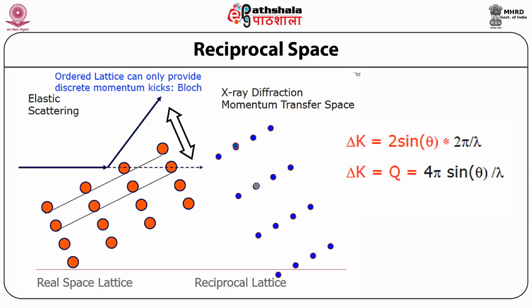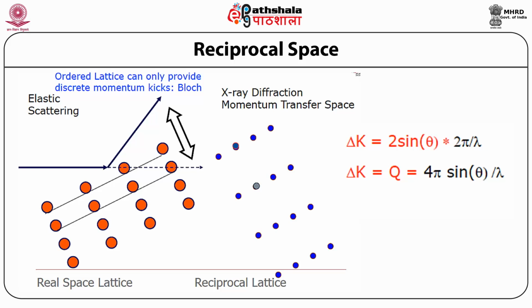Where you have a larger dimension, in reciprocal space that dimension becomes small. You can compare the reciprocal lattice on the right hand side: in reciprocal space the dimension along this two-sided arrow is large, and perpendicular to this two-sided arrow it is small.